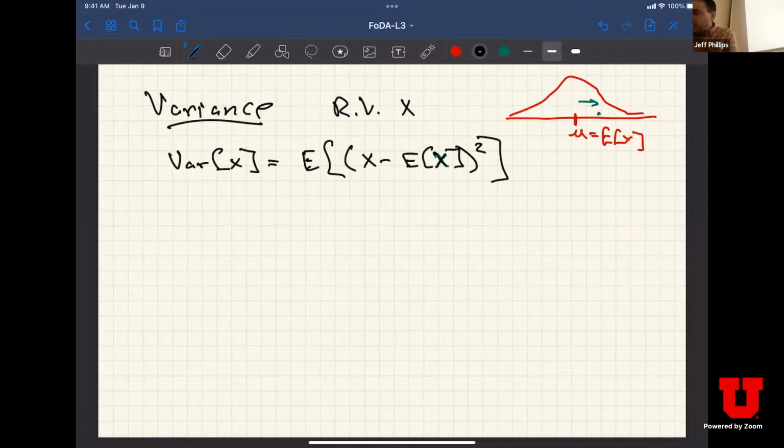Now, what's important to note here is that this expected value of X is a constant.